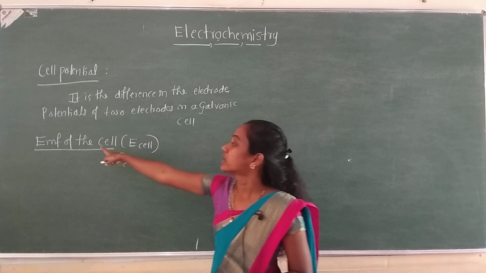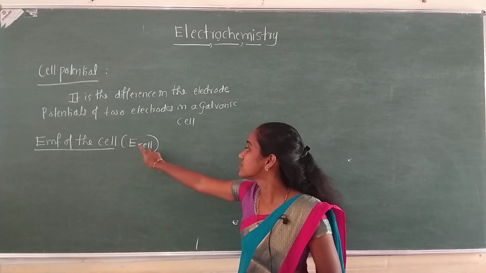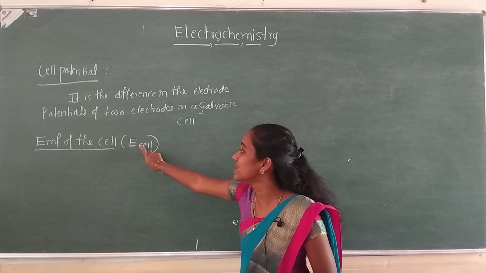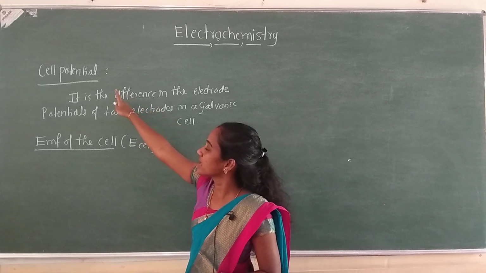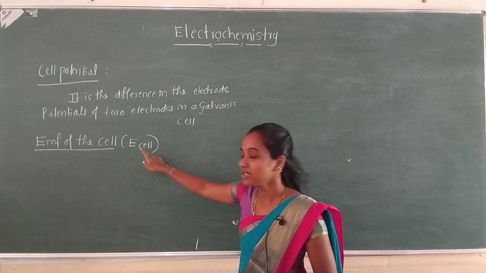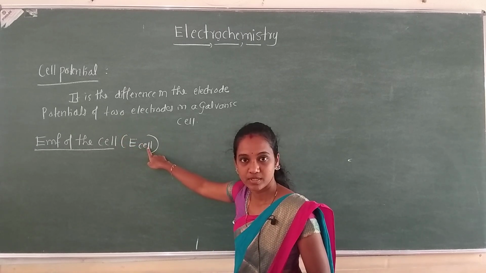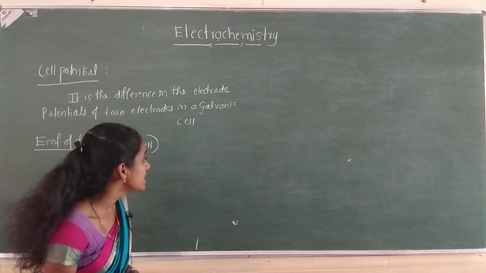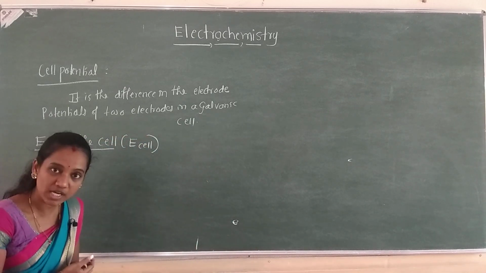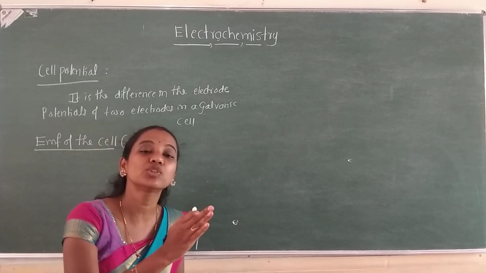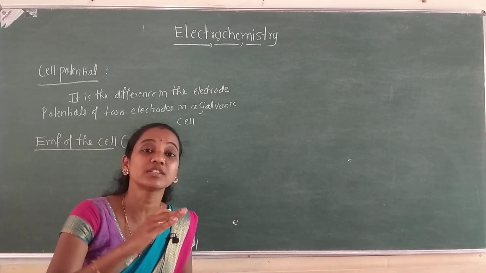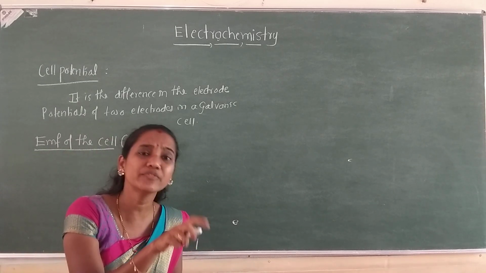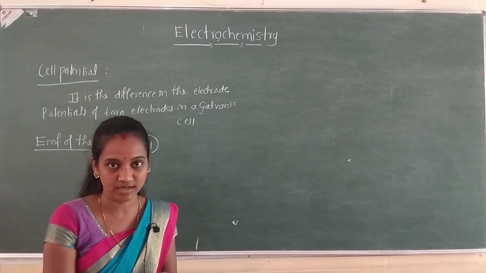Now, what is EMF of the cell, which is denoted by the symbol E cell? Here cell potential can also be written using the same symbol. So what is EMF? EMF is the potential difference developed between the cathode and anode of a cell.